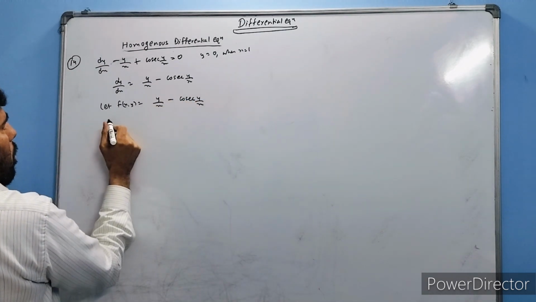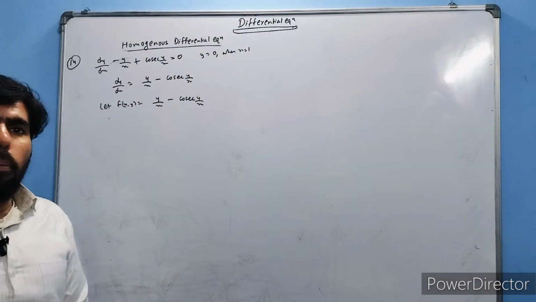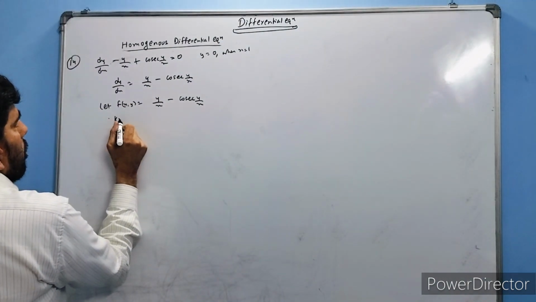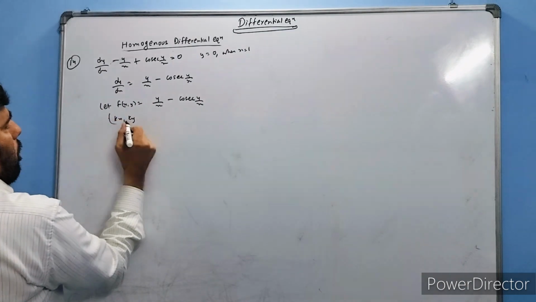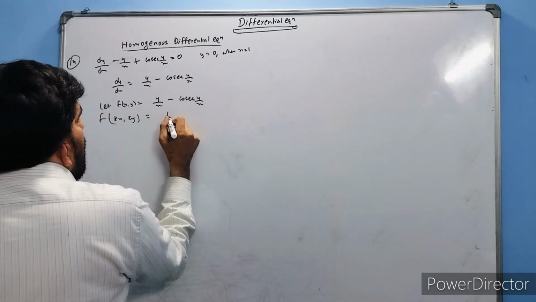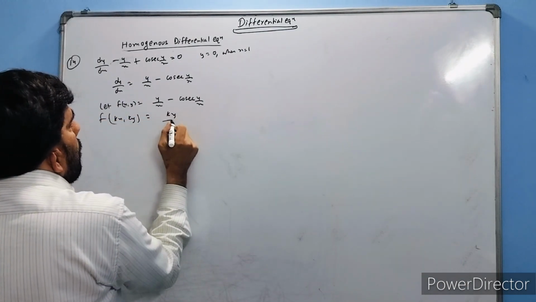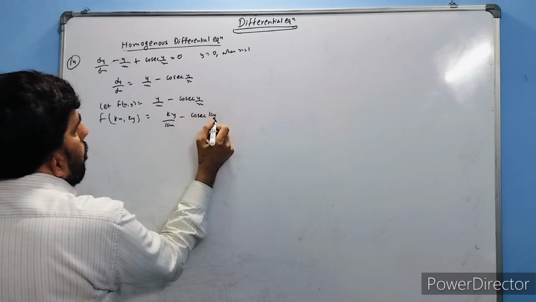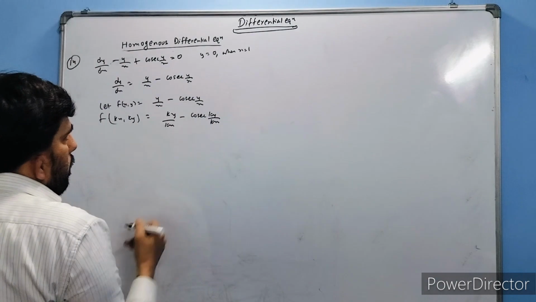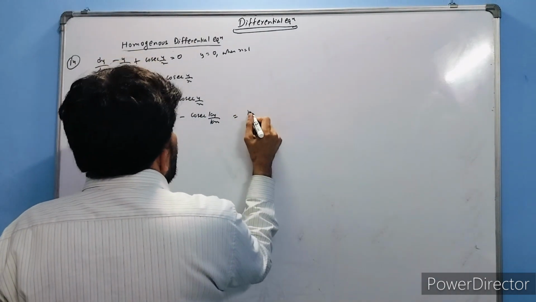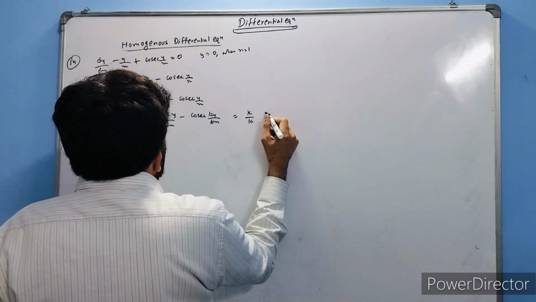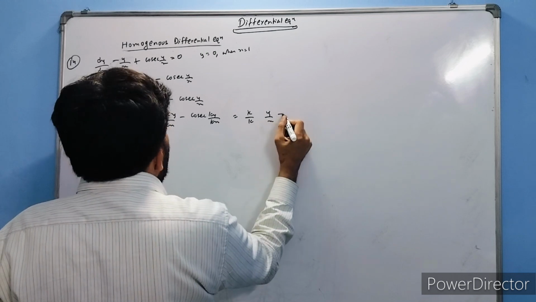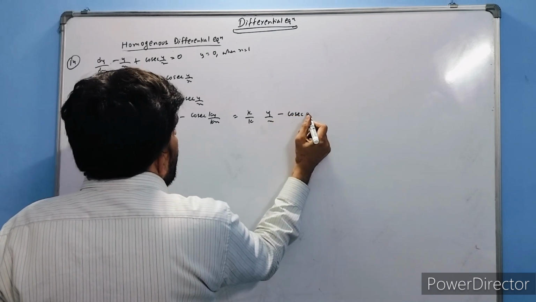Let's replace x and y by kx and ky. So we have ky upon kx minus cosec (ky upon kx). We can easily say, taking k upon k common, that this is y upon x minus cosec (y upon x).